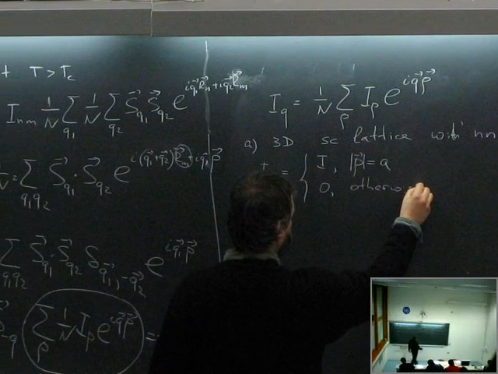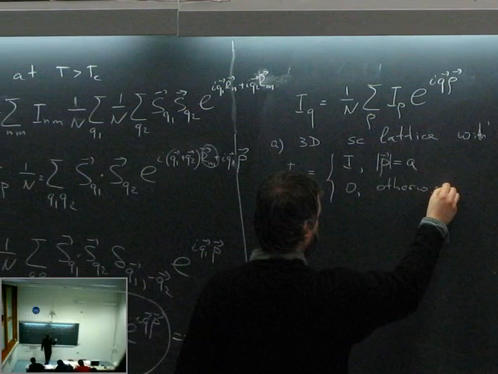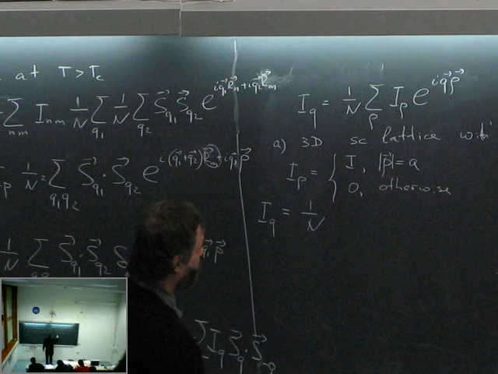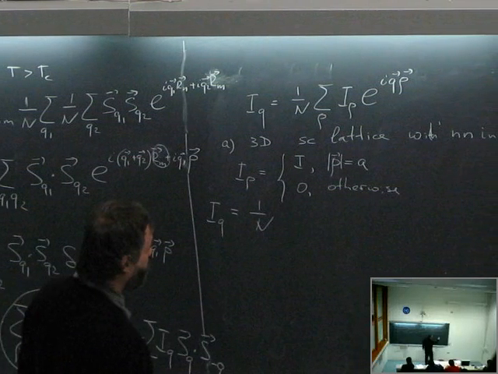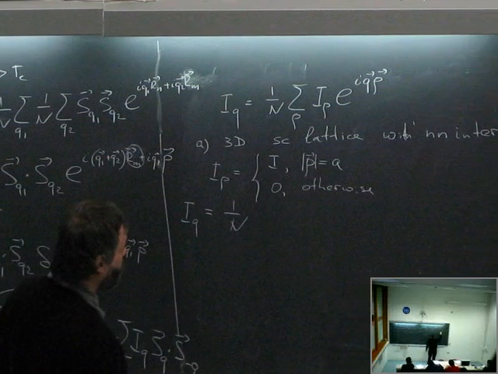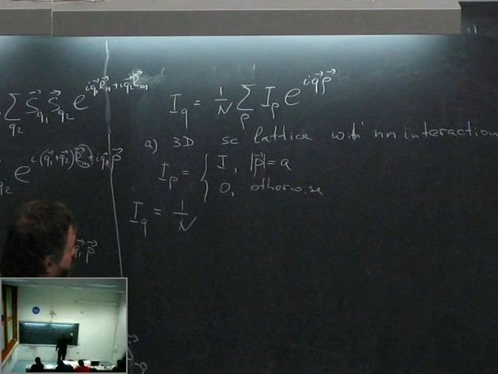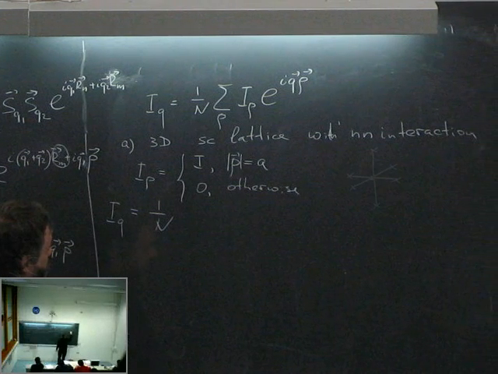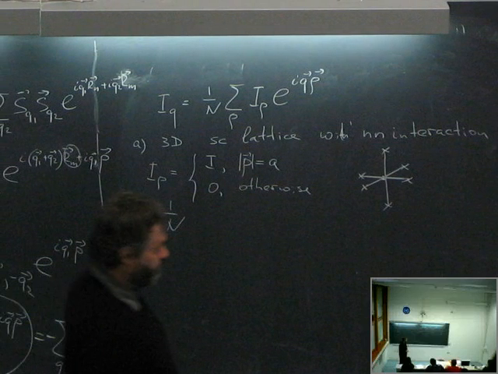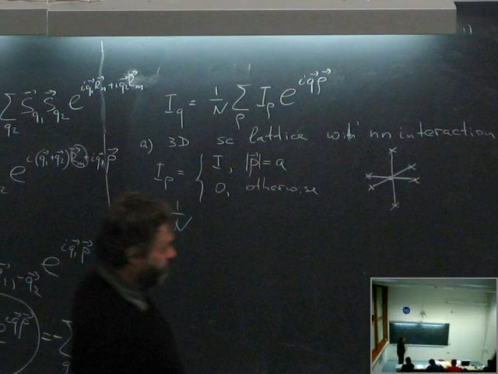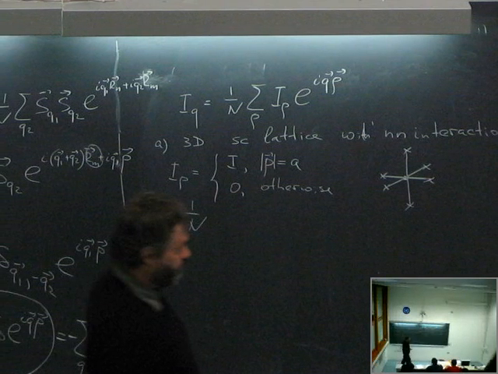Then I_q for this model can be easily calculated. It's the sum over rho. So now I have to take the summation over all nearest neighbors, as it is written. Q rho takes the value plus and minus a in the directions x, y, and z.